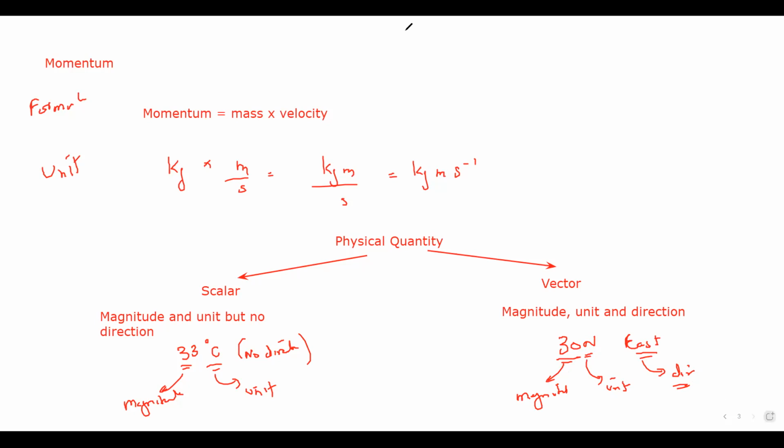So I want everyone to participate and state the quantity. Like, for example, time: scalar or vector? So time is a scalar quantity. You can use the screen annotation and type scalar in front of time.